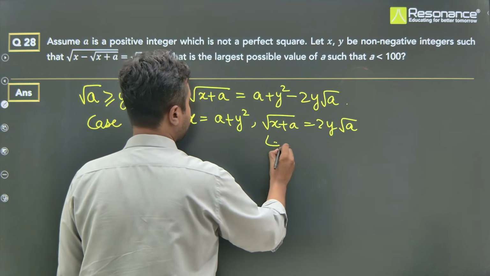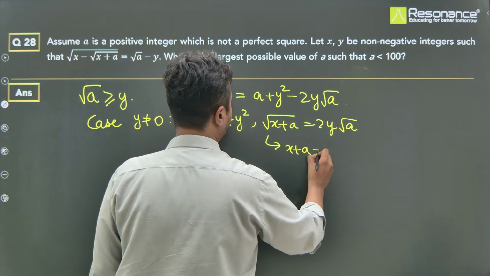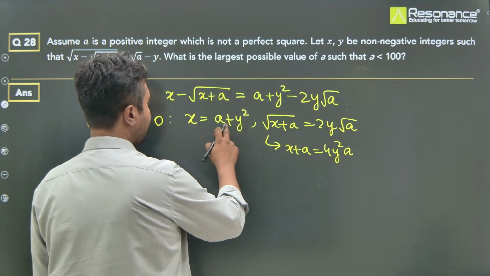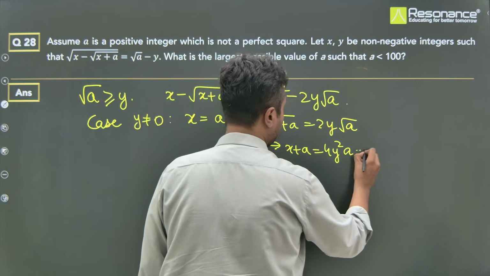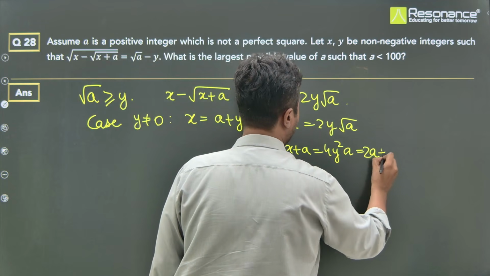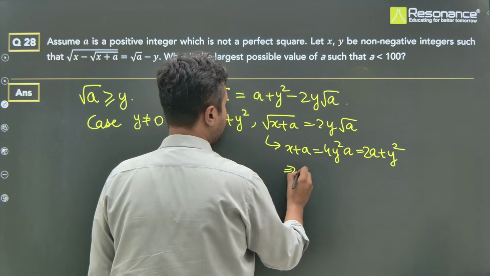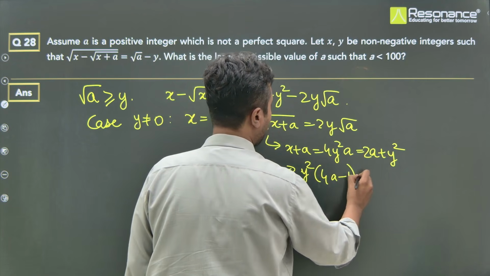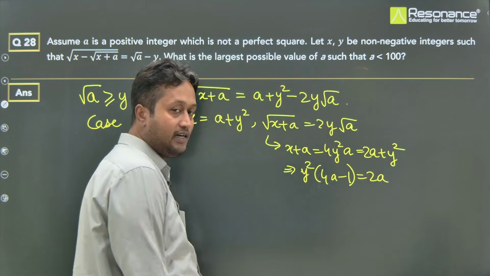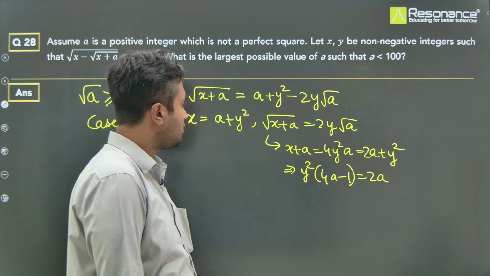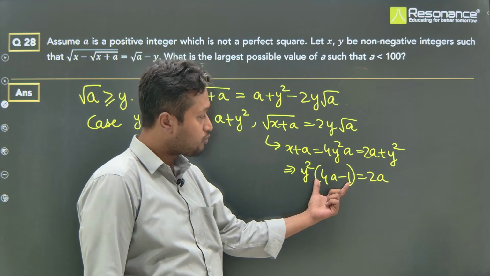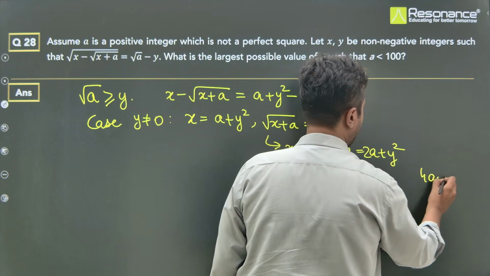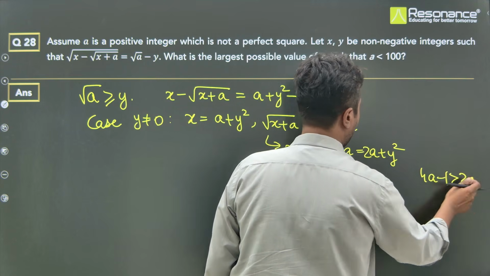Which is the same thing as saying x plus a must be 4y square a. But x itself is a plus y square. So this would be 2a plus y square, which means y square common, 4a minus 1 is equal to 2a. There's really no solution for that, because 4a minus 1 will be greater than 2a.